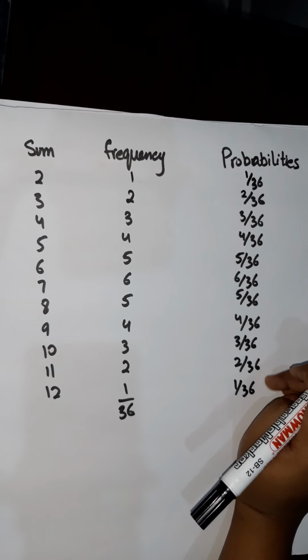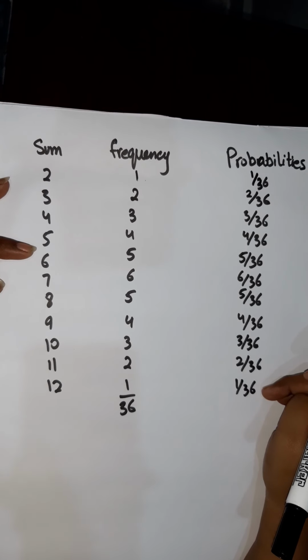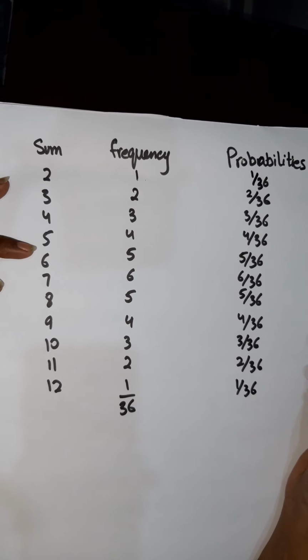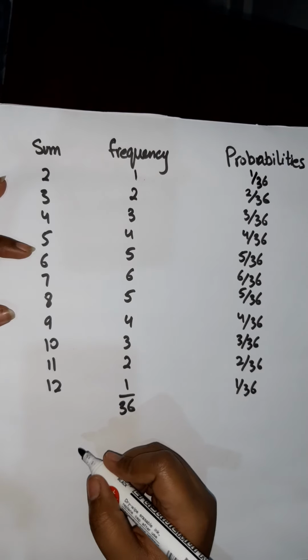You can write the probability answer in fraction form also, or you can divide it. In both ways it is correct, but I prefer that you divide it and take it in decimal points.